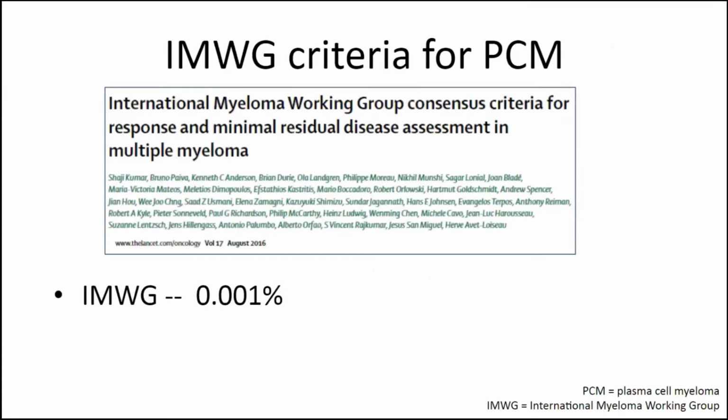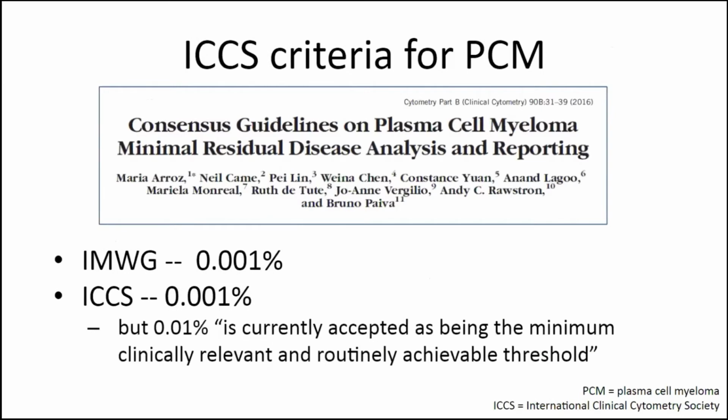For myeloma, the International Myeloma Working Group endorses a limit of 0.001%, as does the International Clinical Cytometry Society, though they state that 0.01% is currently accepted as the minimum clinically relevant and routinely achievable threshold, but that 0.001% is preferred and should be the goal of laboratories.